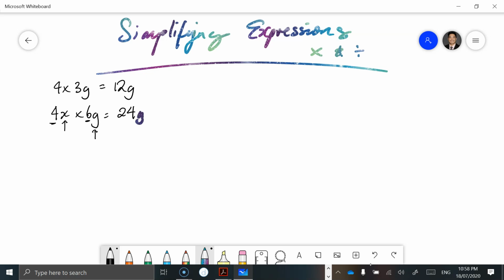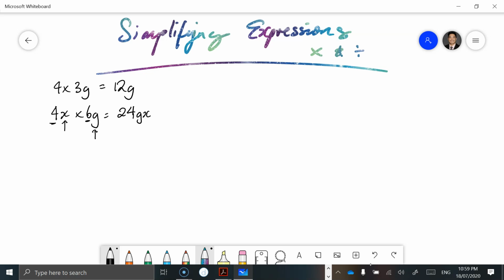Now, I'm going to say gx, all right? The reason why is I prefer, as a habit, to have the letters in alphabetical order. So if you can do that for me, that'll be great. There's nothing wrong with saying xg, it's just preference and aesthetics, and later down the track, when you do algebra in future years, it is going to be a habit that's required for you to do it in alphabetical order.